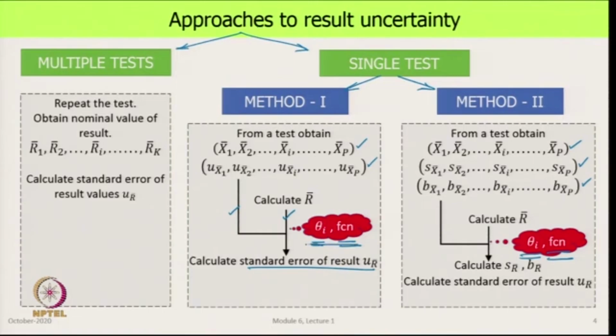So, this is the main idea in going into this lecture, that in a single test we need a function that connects the measured parameters, which are all of these, and we could even include in this set the mean value of the result from every experiment R I, put these numbers into some mathematical relation or a formula, and it should tell us what is the standard error of the result or the standard uncertainty of the result.